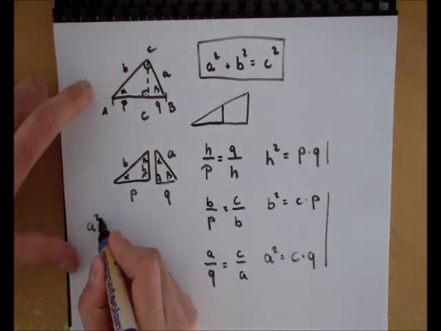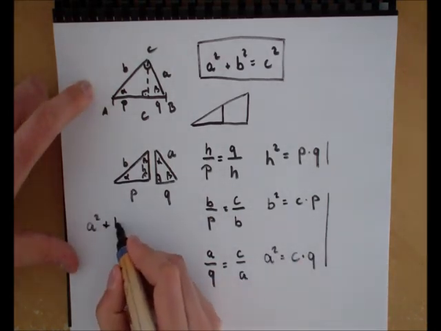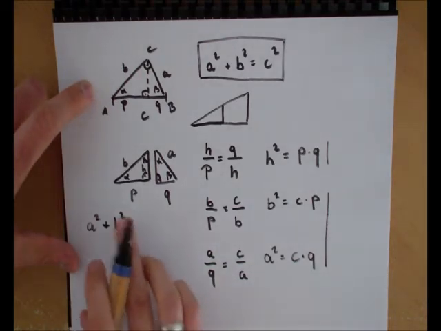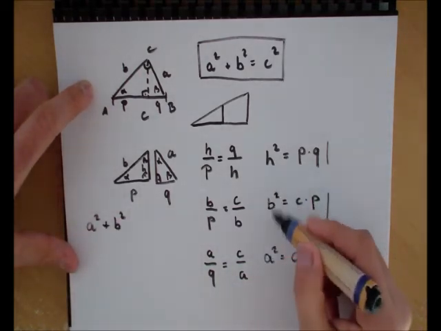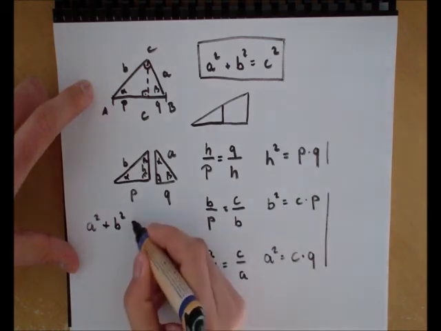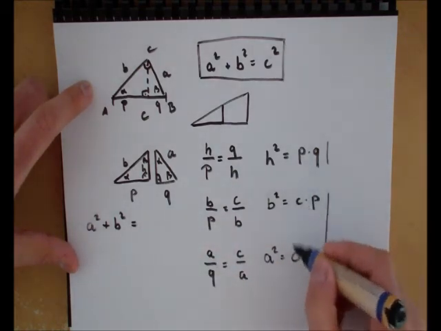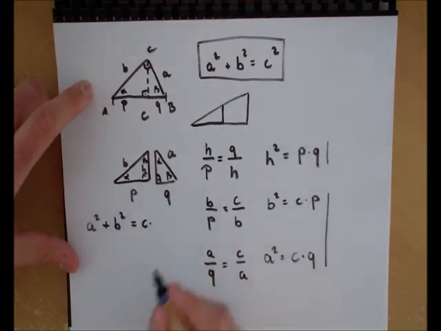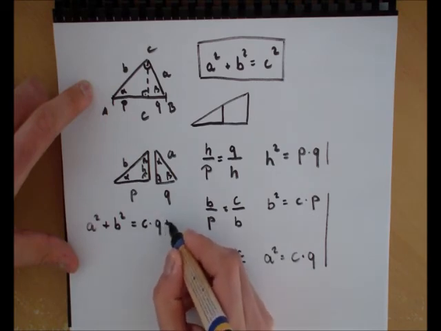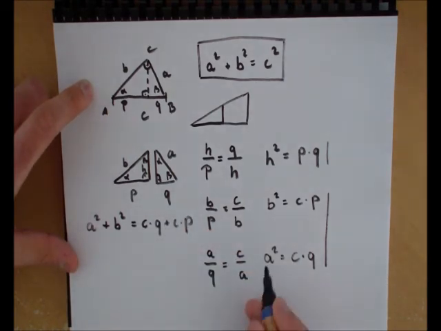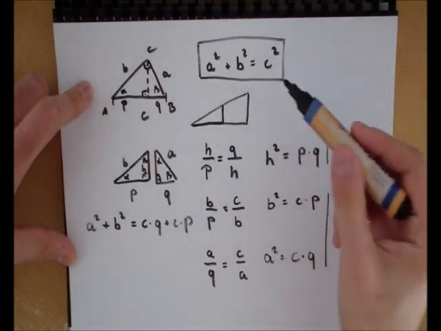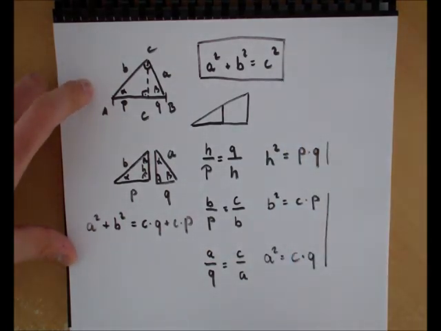We get A squared plus B squared on the left-hand side, and on the right-hand side we get C times Q plus C times P. This is nice looking, but still not Pythagoras, which says it's equal to C squared.